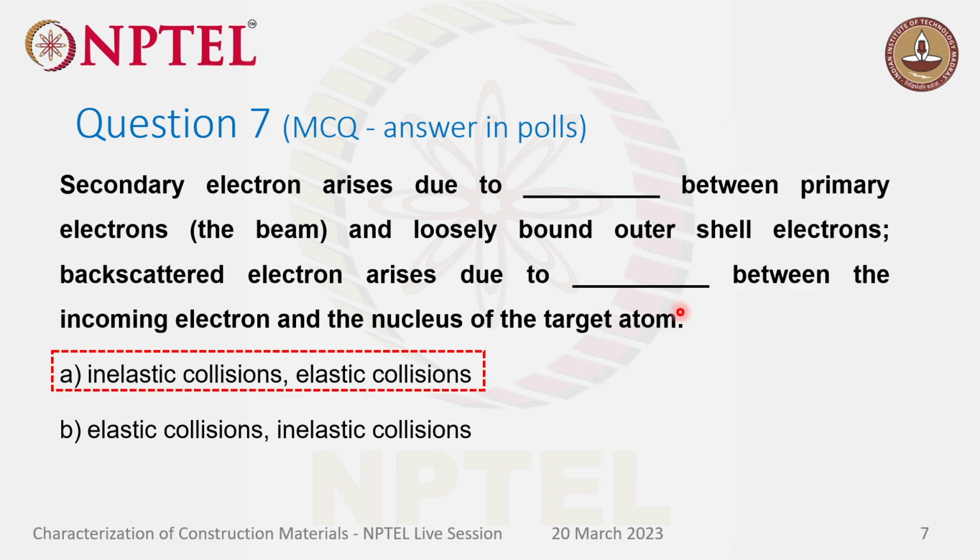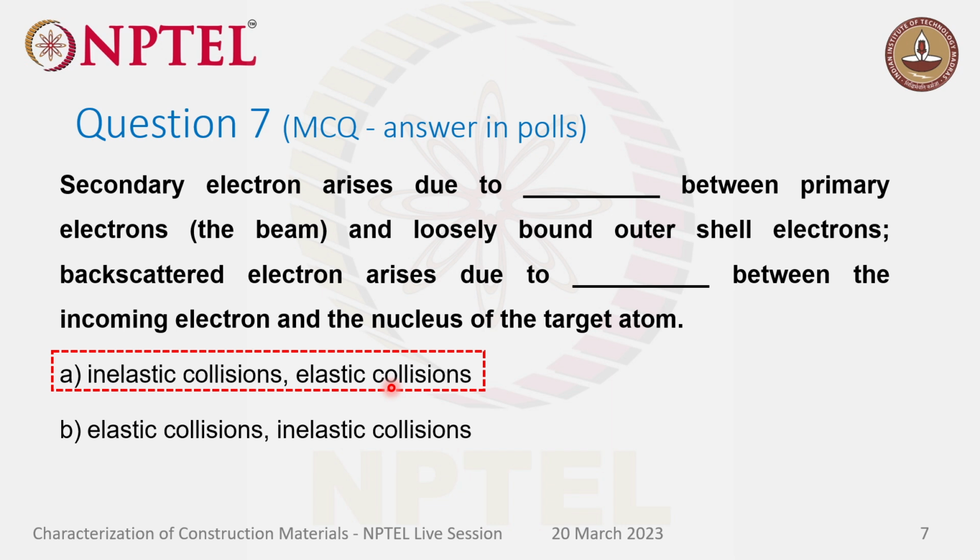The correct answer is inelastic collision, elastic collision. When it comes to secondary electrons, the collision is not elastic, it's inelastic collision. And when it comes to backscatter electrons, the electron directly hits the nucleus and comes back. It's just reflection, so an elastic collision happens. Okay.